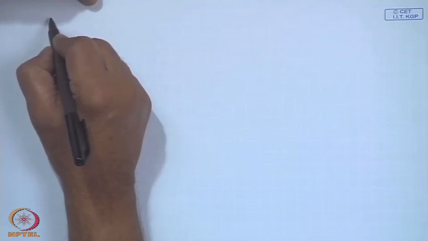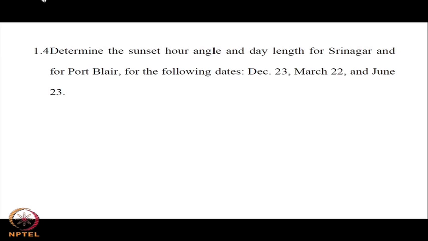So, let us go to the next example, that is 1.4. Yes. So, determine the sunset hour angle and day length for Srinagar and for Port Blair for the following dates: December 23, March 22nd and June 23rd.